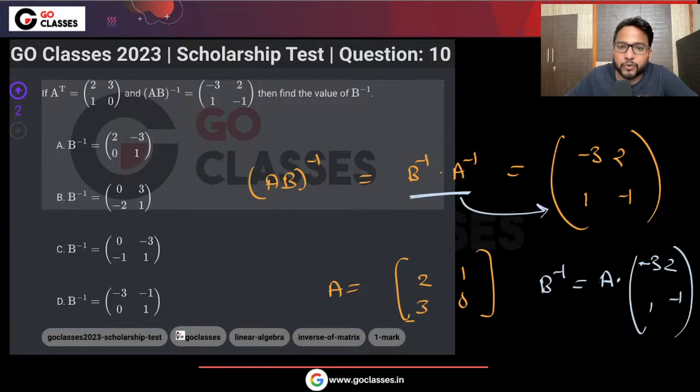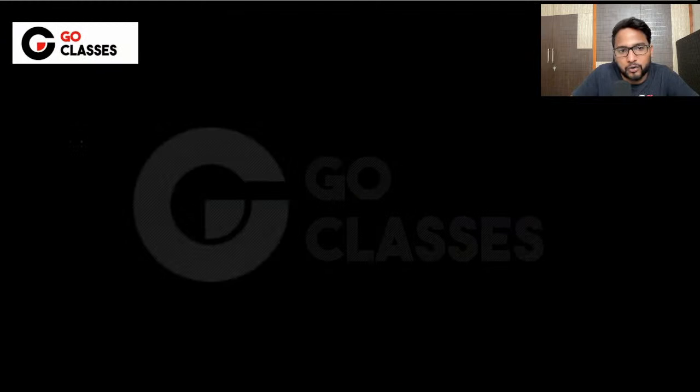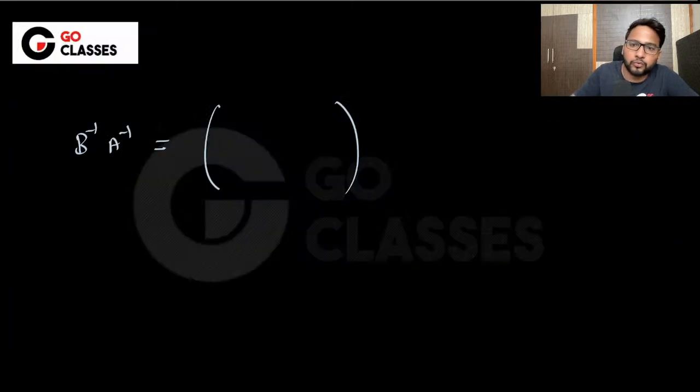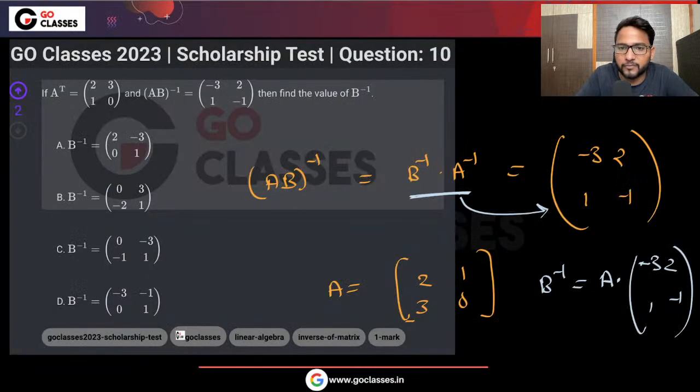So A is this. A inverse is given to be -3, 2, 1, -1, and A is given to be 2, 1, 3, 0.